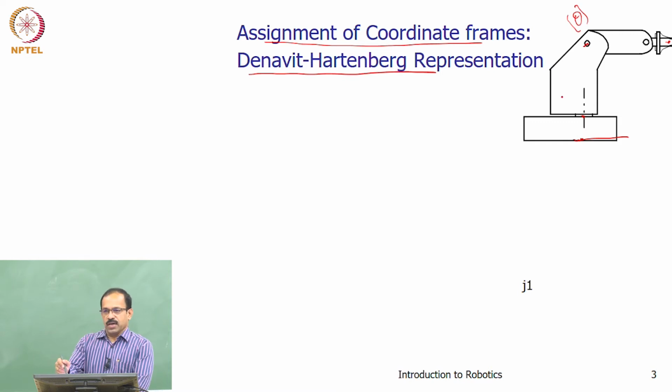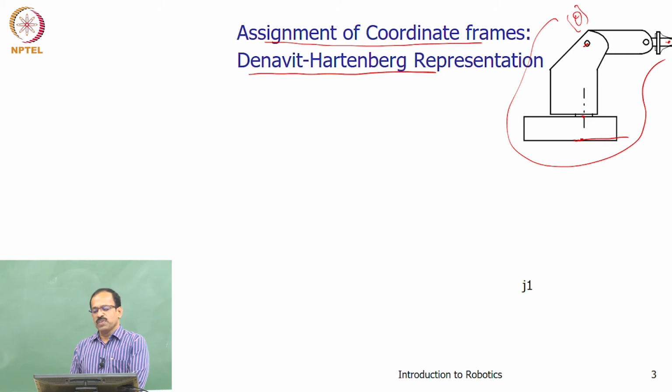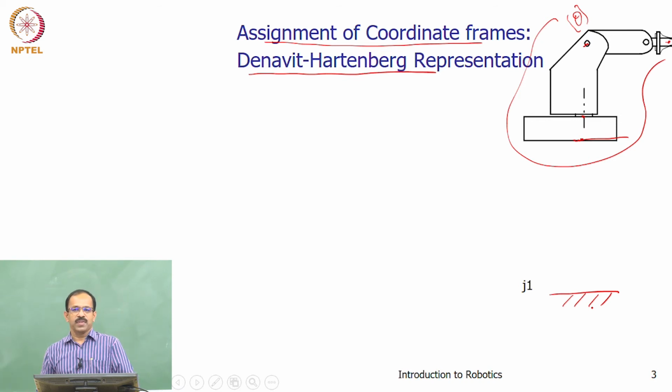Suppose this is the robot configuration given to us. We will make a simple free body diagram and say that it is a home position of the robot, because the robot can take any position. This angle can be anywhere, it can actually change. It can be like this, like this, or like this. So, we consider a home position and then assign the coordinate frames.